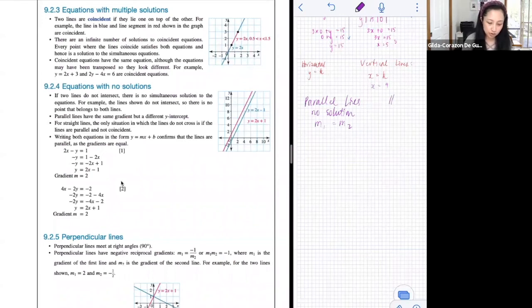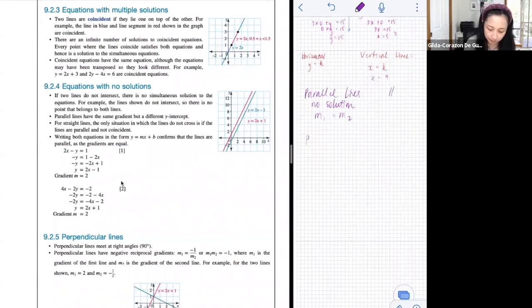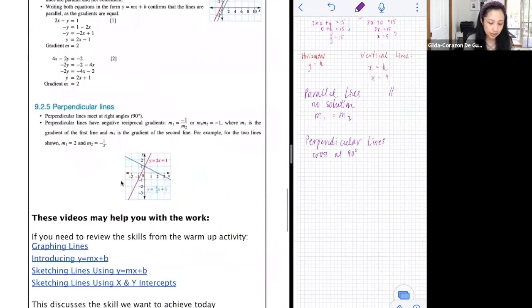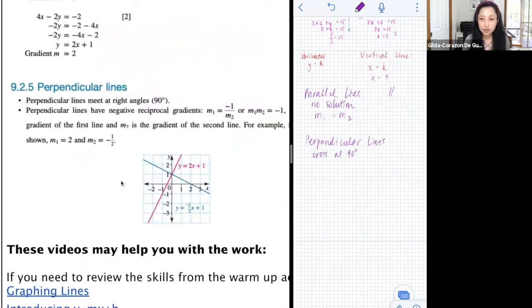And then, of course, your perpendicular lines. It's a special case for any two lines that cross, okay? Because they cross at a certain angle, they cross at 90 degrees, and they would look like those two there, right? How would you know from the equation, just looking at the equation, that they are perpendicular lines? It is when M1 is the negative reciprocal of the other, okay?